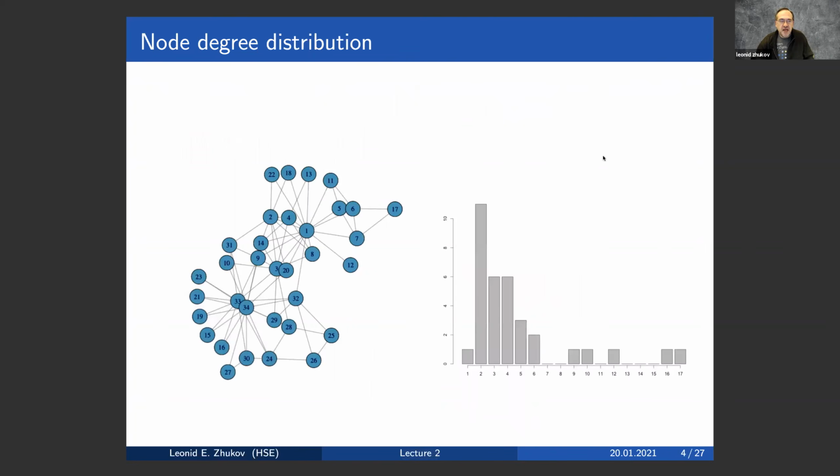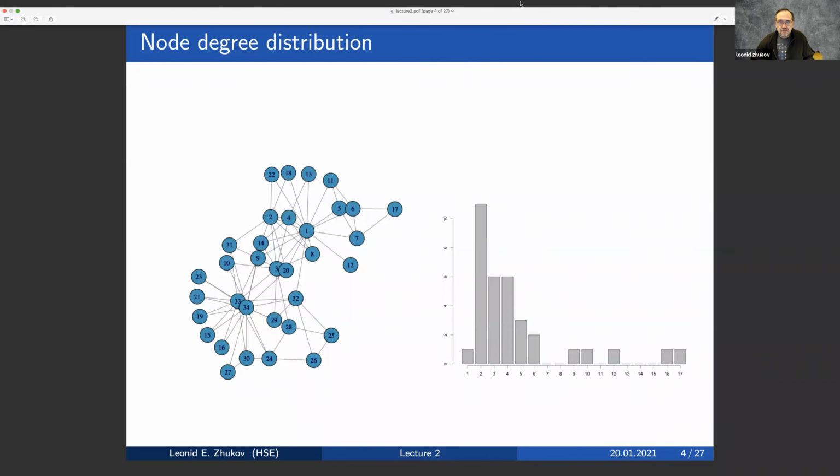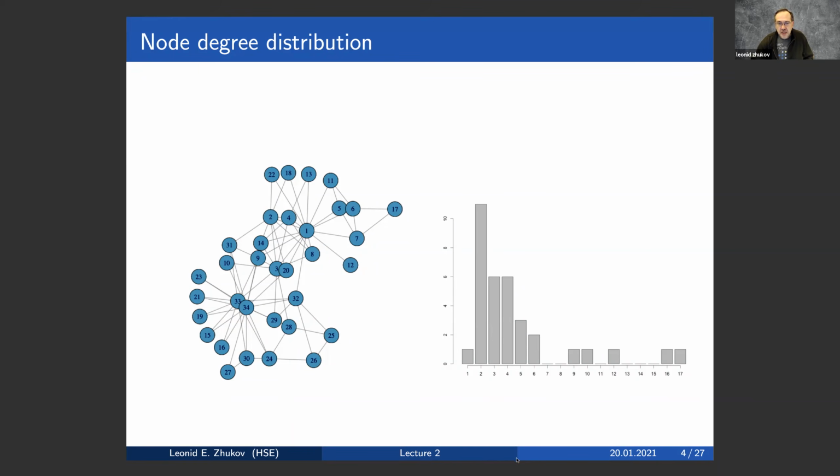Now, you pick up a network, and you will actually see a lot of these. This is the Zachary Karate Club network, and this is the degree distribution for this network. On the y-axis, I don't put the distribution, it's actually just the number of nodes.